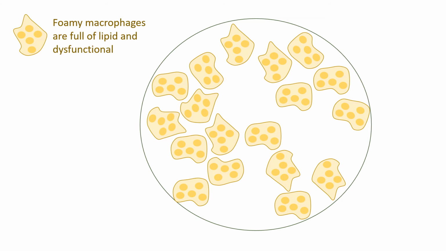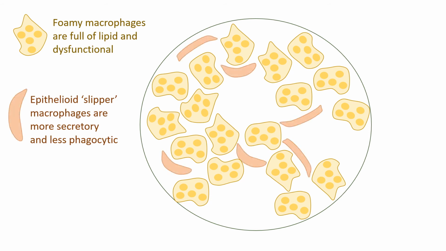So within our granuloma now, we have foamy macrophages, which are full of lipid and are dysfunctional. We also have these epithelioid, slipper-shaped macrophages that are more secretory and less phagocytic.